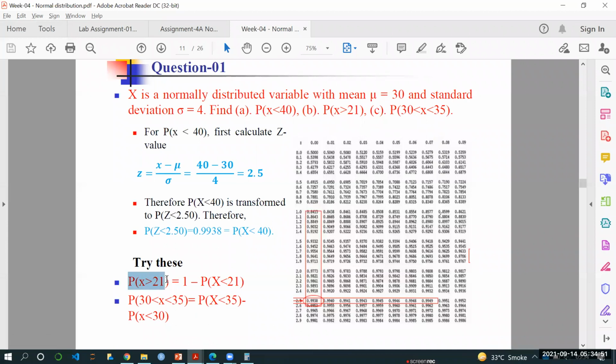Similarly, you can try if you need to find any value which is greater than 21. So first you have to convert: 1 minus probability of X less than 21. I told you that if you want to find area above some point, first you have to convert this into below, less than.